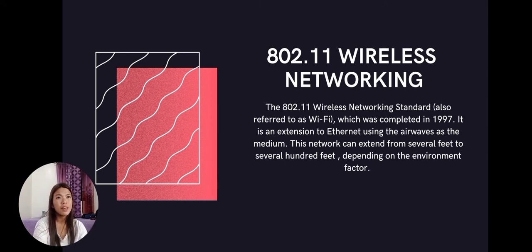So of these computing standards, 802.11a specifies a bandwidth of 54 Mbps at a 5 GHz frequency.